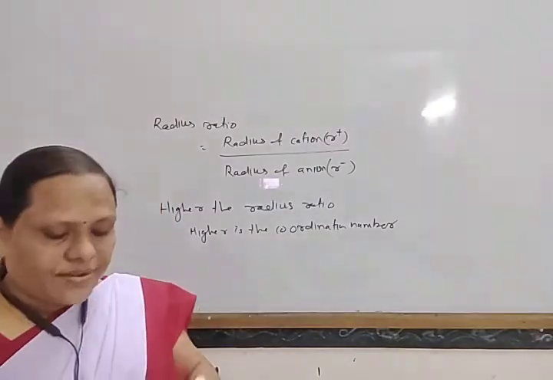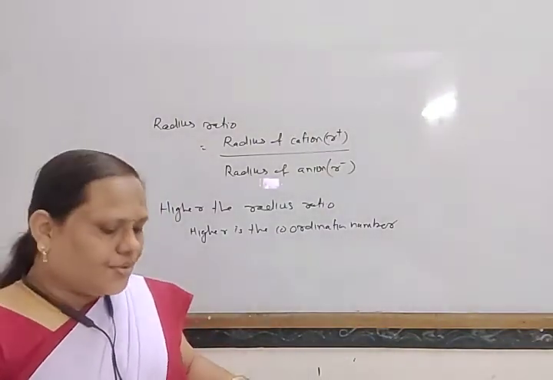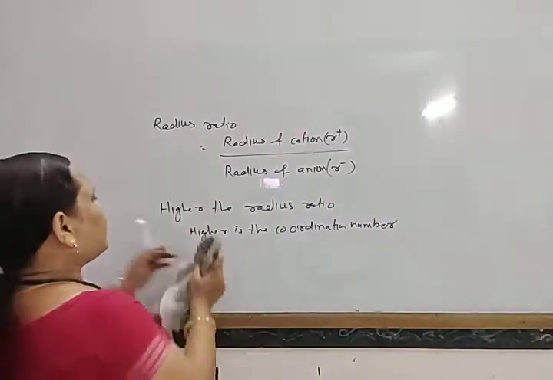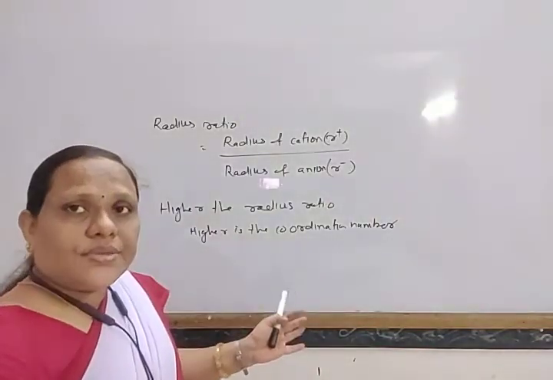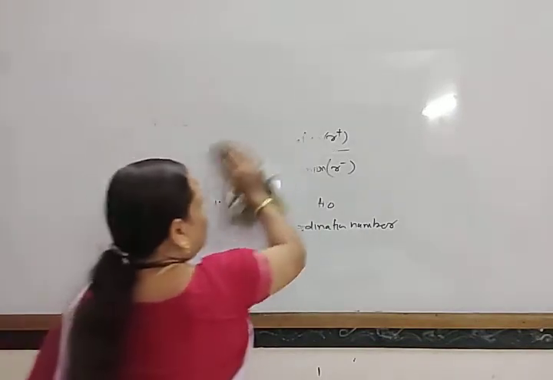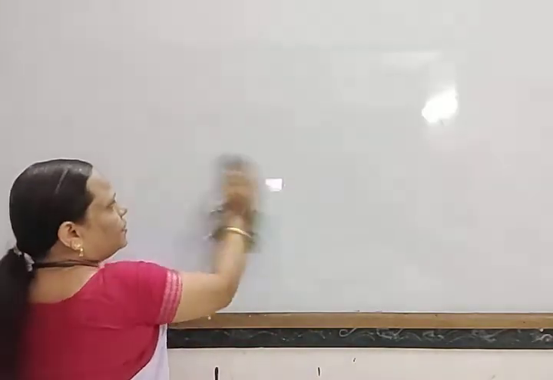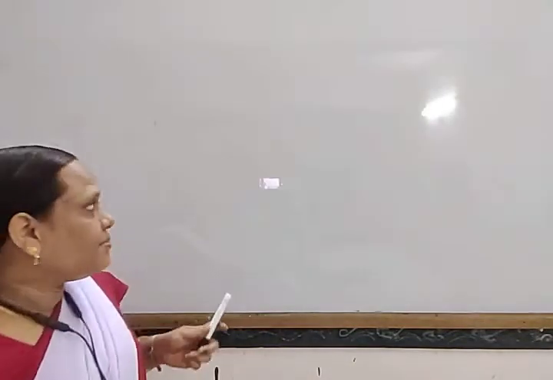So let us draw a table that is generally based on this radius ratio rule. What are the different values, and according to that what is the coordination number, and generally what type of compound undergoes this type of arrangement.